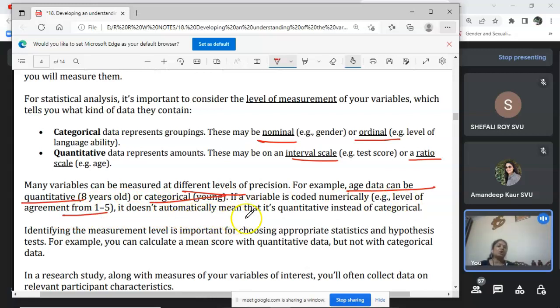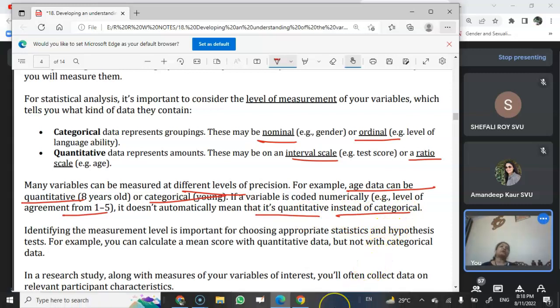And it does not automatically mean that it's quantitative instead of category. Okay? If we are taking numerical data, that doesn't mean it is quantitative only. It can be qualitative and quantitative both, that means categorical. We have collected the data on the basis of category.